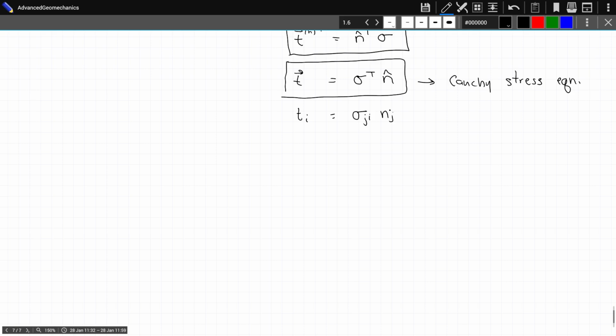Typically when we write a matrix-vector product, we contract over the inner indices, so normally it would be sigma_ij n_j. That implies a normal matrix-vector product. But if I transpose the indices such that the summation is over the outer index, then that represents the transpose of the matrix, or tensor.